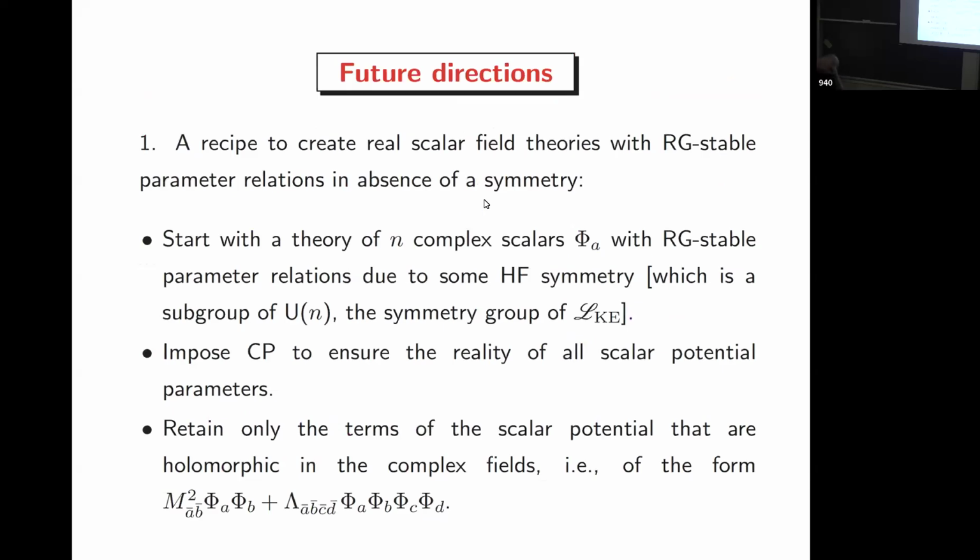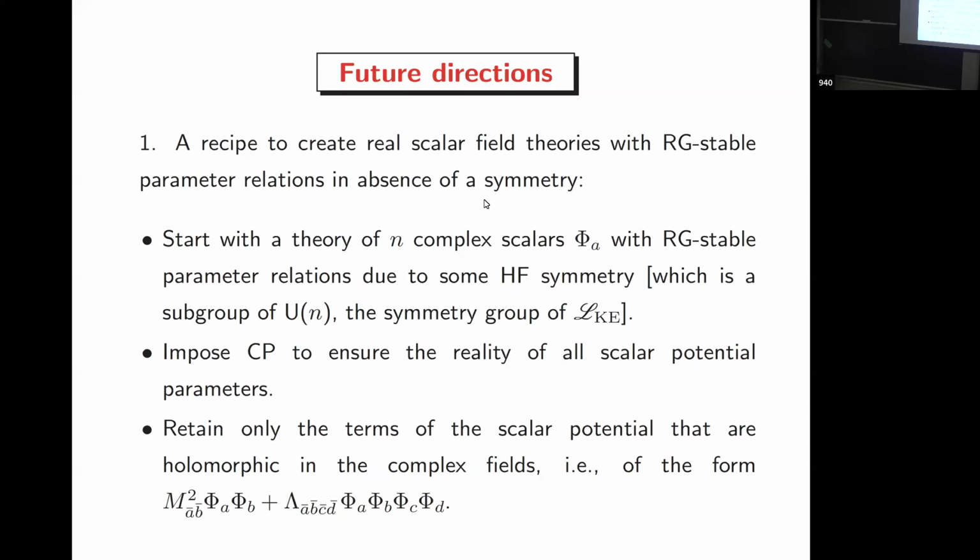So let me finish off by mentioning some future directions. One thing is this gives me a recipe for finding other examples that lead to a similar phenomenon. So start with a theory of n complex scalars with some RG stable parameter relations due to some Higgs flavor symmetry. Now, if I had n of them, then this would be some subgroup of U(N), the symmetry group of the kinetic energy terms.